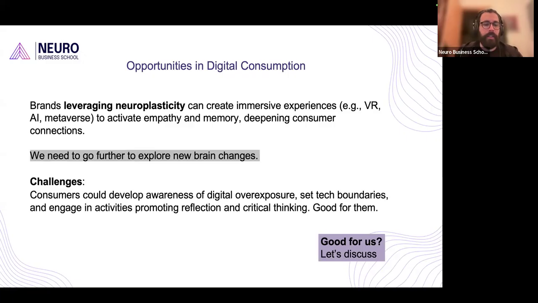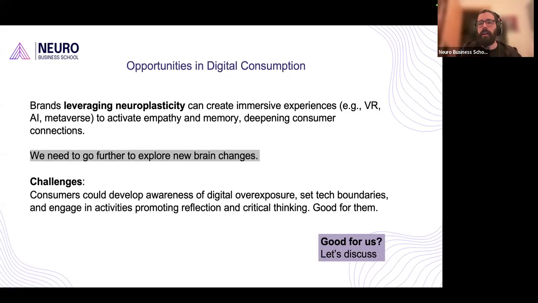Well, the challenge in this case is that consumers could develop awareness of digital overexposure, set tech boundaries, and engage in activities promoting reflection and critical thinking. That's actually the thing I was telling you before. This could be a cycle.